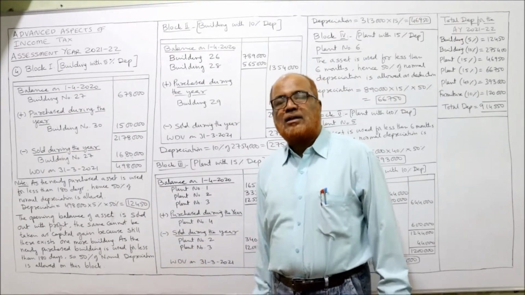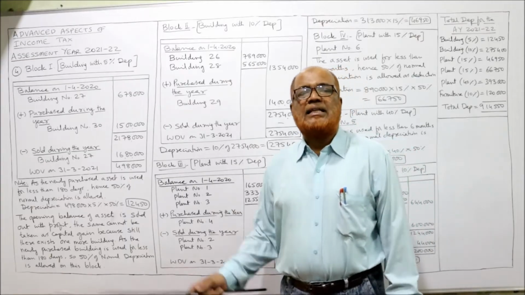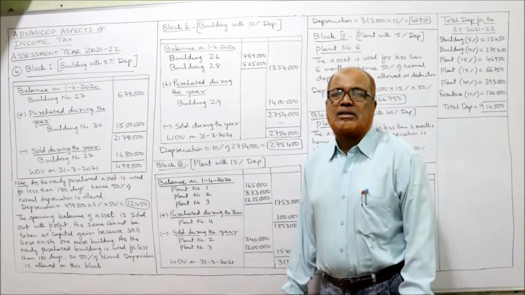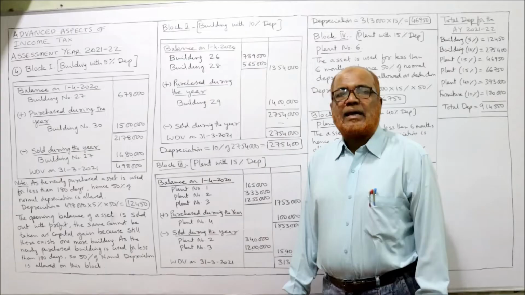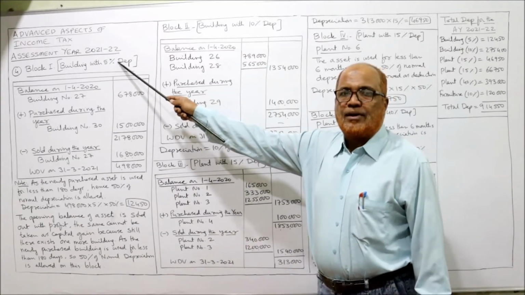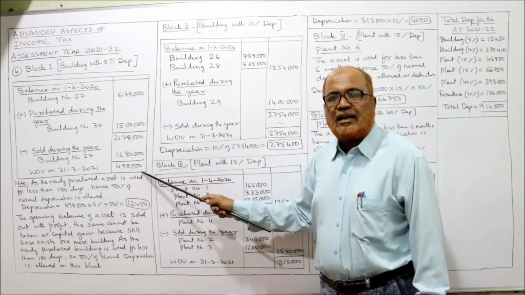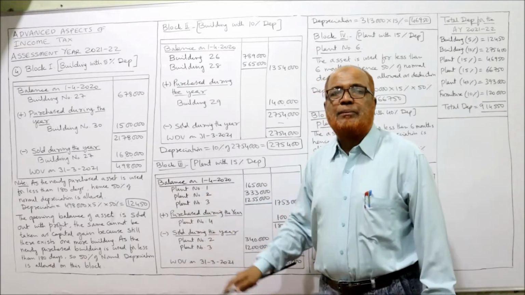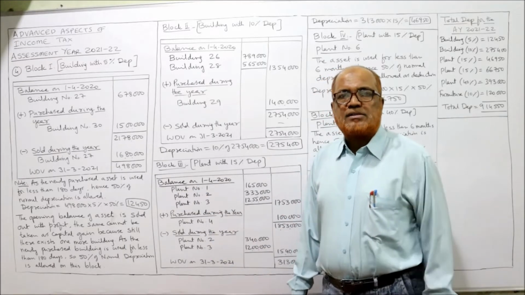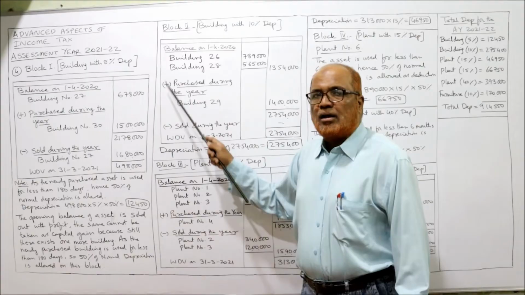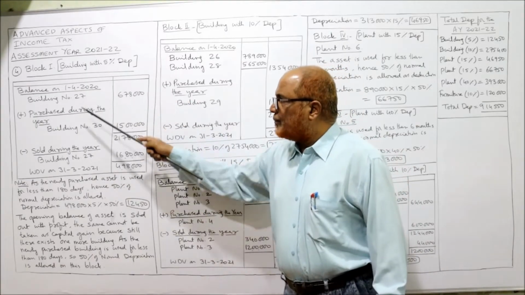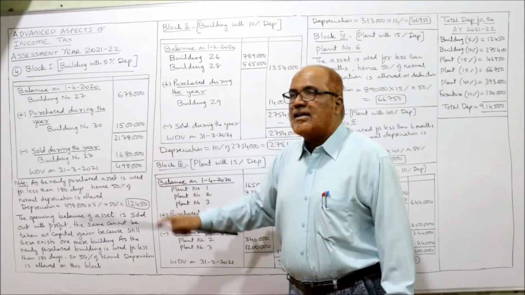So 4,98,000 is the WDV of the building at the end of the year 31st March 2021. Now we have to calculate 5%. 5% of 4,98,000 into 50%. Because in this block, this old building was sold and only new building is there.